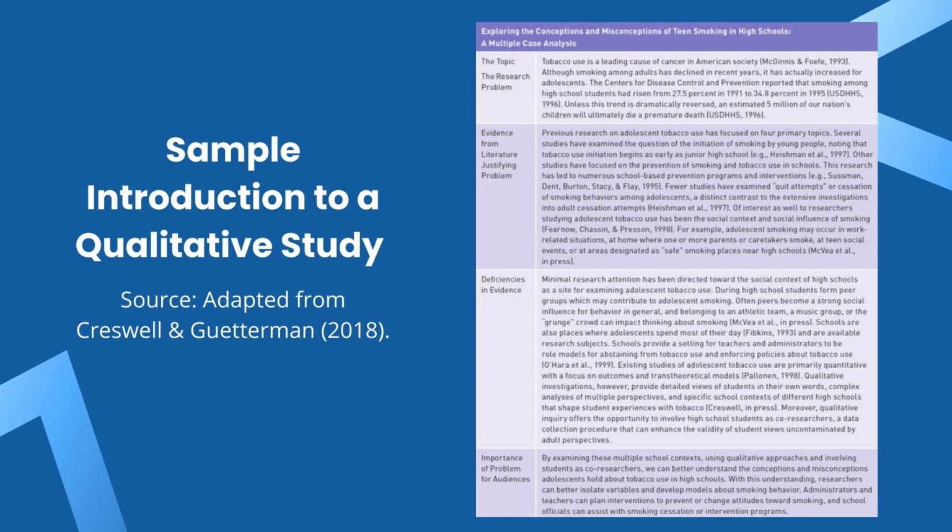In that book, he included as a figure the entire introduction to one of his studies addressing teen smoking and depression among high school students, and he placed marginal notes alongside the text to show what elements of an introduction were being used at certain points in the text.